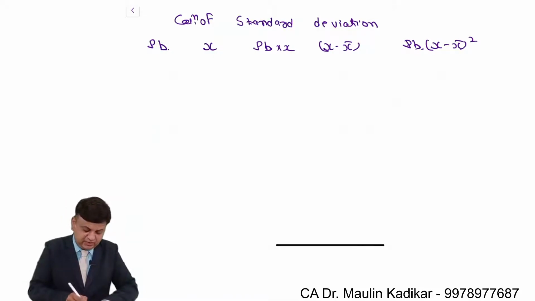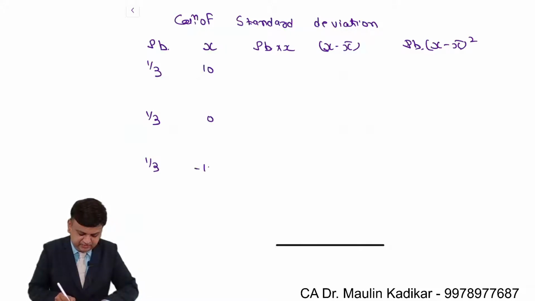This is what we are required to do. So this is 1 by 3, 1 by 3, 1 by 3, 10 positive, 0, 10 negative. So it is 3 1/3, 0, negative 3 1/3.